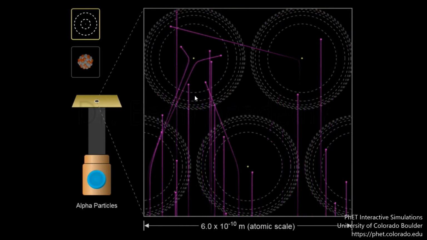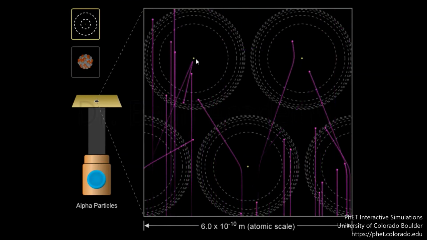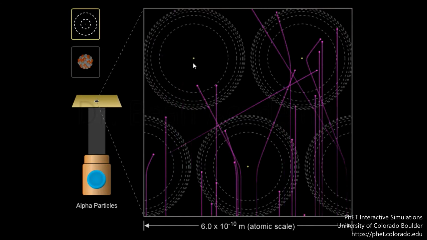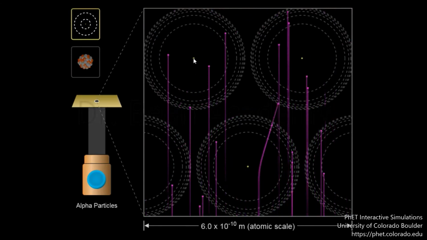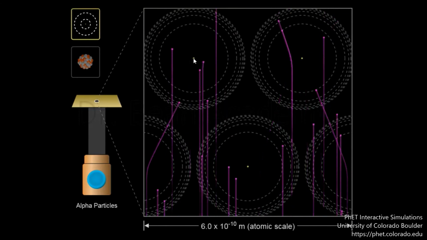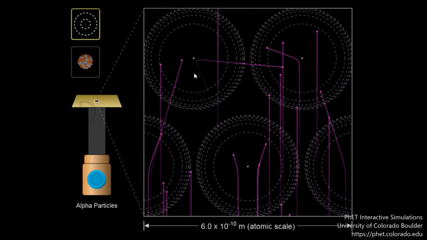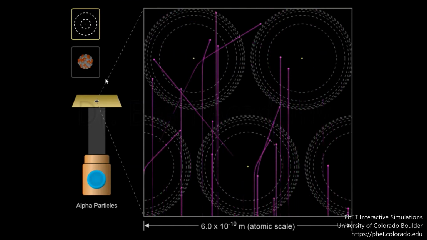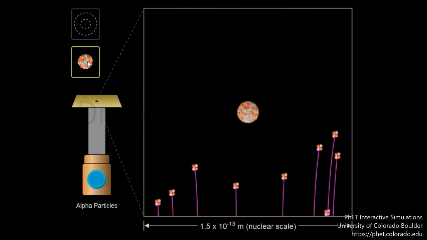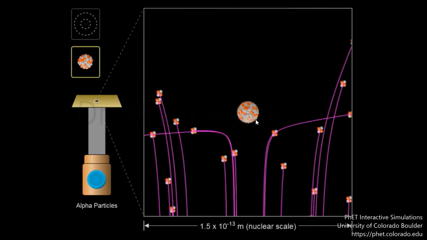So he concluded two things from these two observations. First, that most of the mass of the atom is concentrated over a very small tiny spot, and that was the nucleus. And second, because of these deflections, if I want to show you that interaction, here are alpha particles and this is the nucleus of an atom.